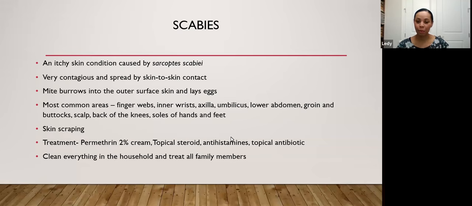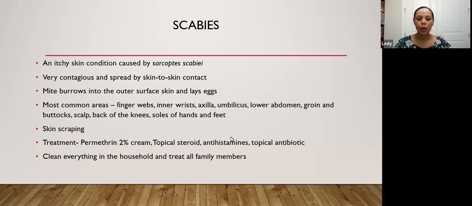So remember, babies are different. With babies, you want to look mostly in the axilla and around the diaper area, and sometimes even in the scalp. And when I have a baby or little kids, I always tell the parents that even when you treat a scabies condition, it could linger for months. So I continue giving them the antihistamines and the topical steroids, because the body gets this allergic reaction that is really hard to get rid of.